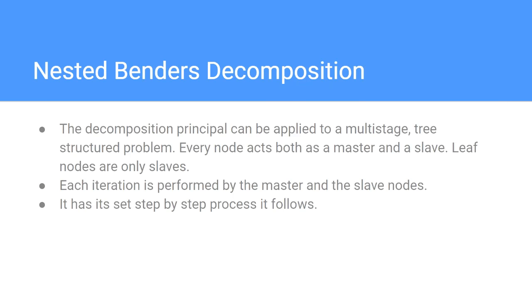Each iteration is performed by the master and the slave node, and it follows a set step-by-step process. Multi-stage nested Benders decomposition takes the form of a tree data structure. It can also be a graph, but mostly it will be developed as a tree data structure.